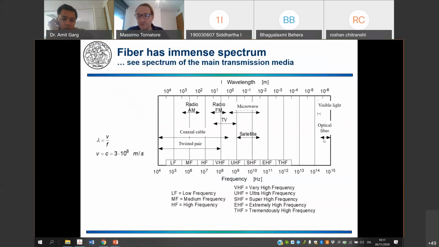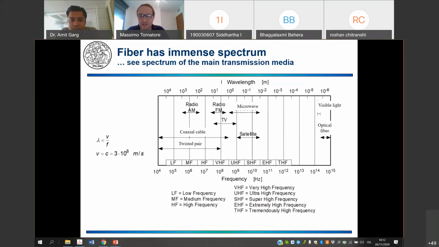As you can see, the spectrum of the fiber is in the neighborhood of 10 to the 15, in the neighborhood of petahertz, while the spectrum of all the other transmission technologies is in the order of megahertz, hundreds of megahertz, maybe gigahertz, but still we have several orders of magnitude before getting to the spectrum of the optical. So when it comes to passing bandwidth, there is no discussion that we are using the fiber.